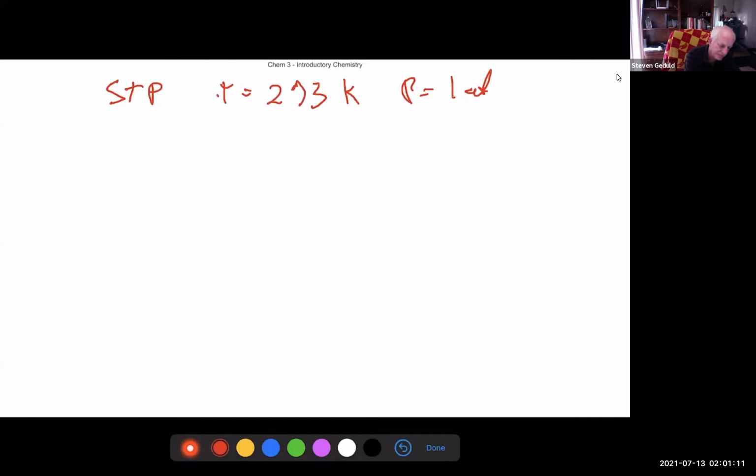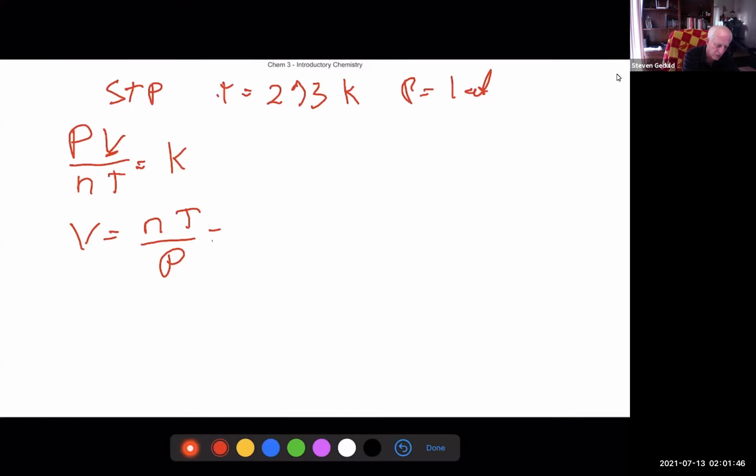Where's our pressure? Pressure, volume, and T equals our constant. So we're going to solve for volume. We know the temperature, we know the pressure. So the volume is going to equal N over T divided by P. We're going to set our volume equal to our constant.